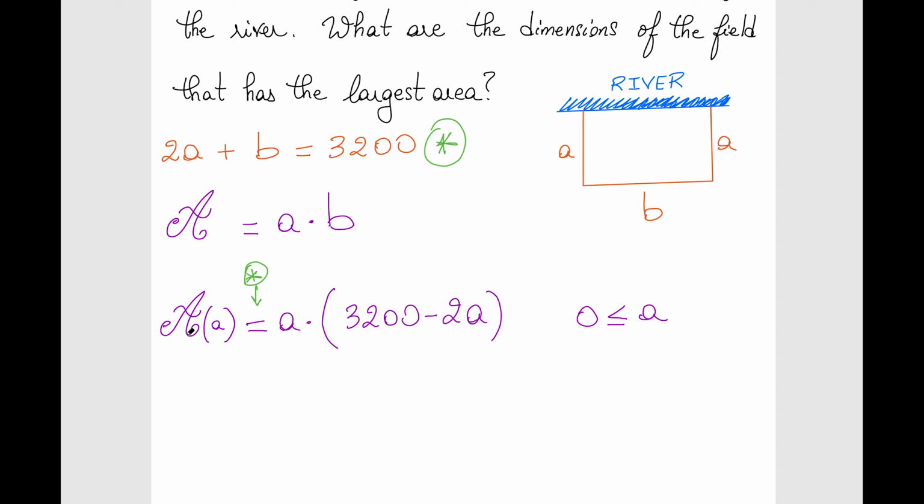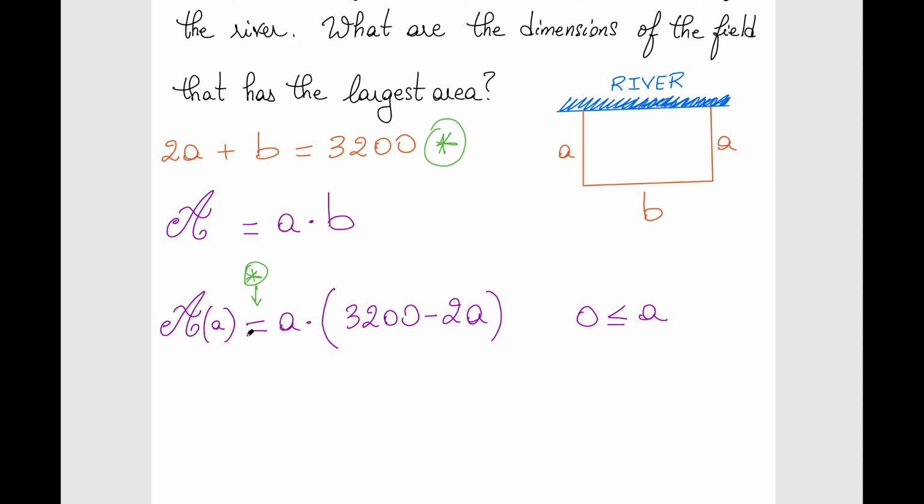So one more time. We know that little a should not be less than 0, so it should be non-negative. Now, calligraphic A, which is the area of that rectangular thing, cannot be less than 0, right?